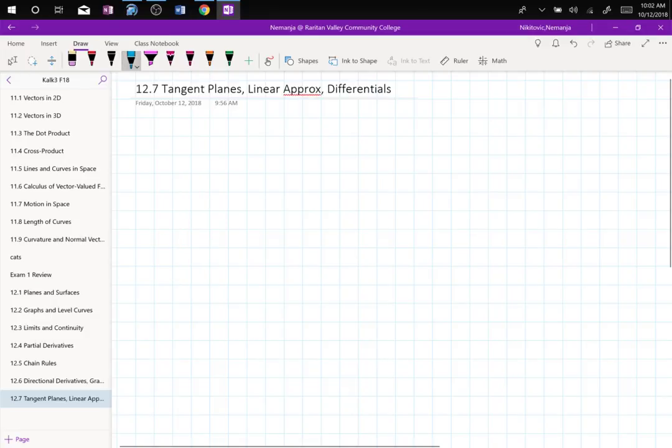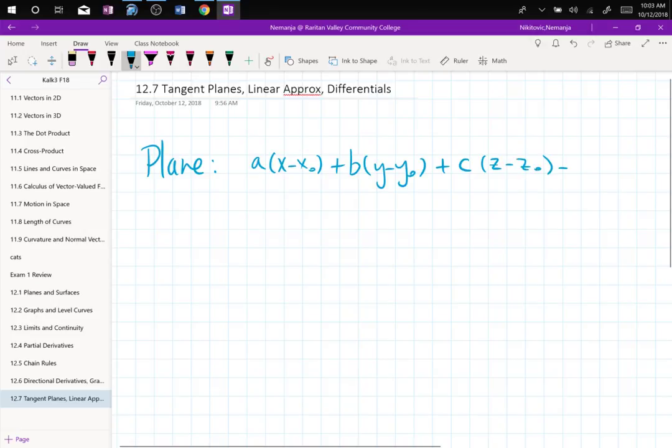Please recall that the plane in our Calc 3 was given by the equation A(x - x0) + B(y - y0) + C(z - z0) = 0, where the normal vector n was given by A, B, C, and the point P0 at which the plane was fixed was given by x0, y0, z0.